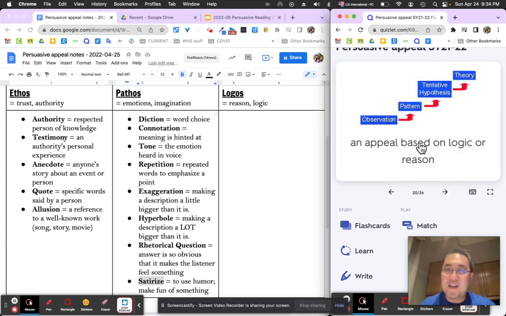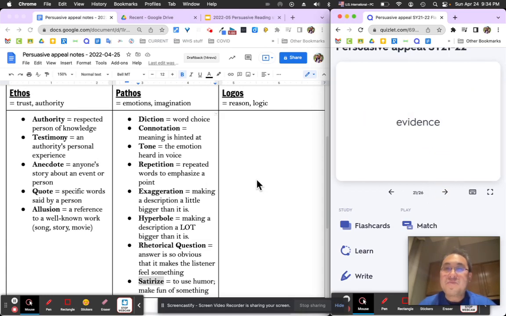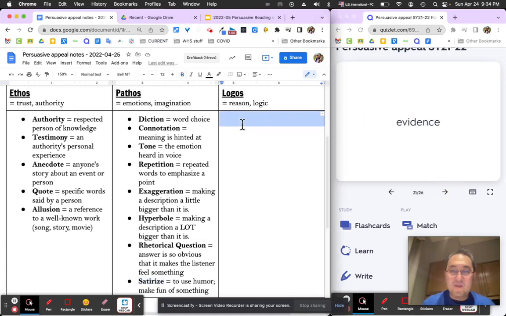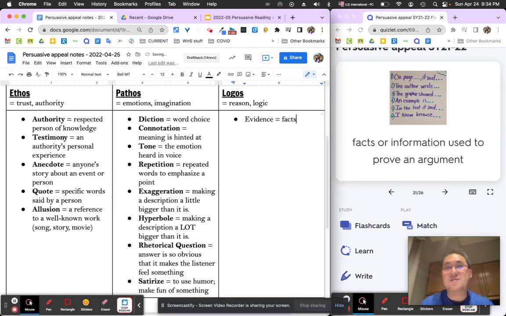Logos. Again, that's going to be logic. So we can use our scientific method. We're always going to use some sort of evidence. These are going to be facts. They can't be argued much.